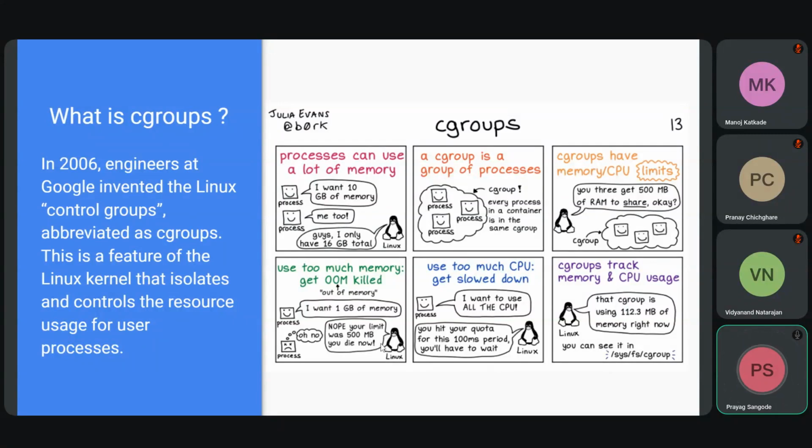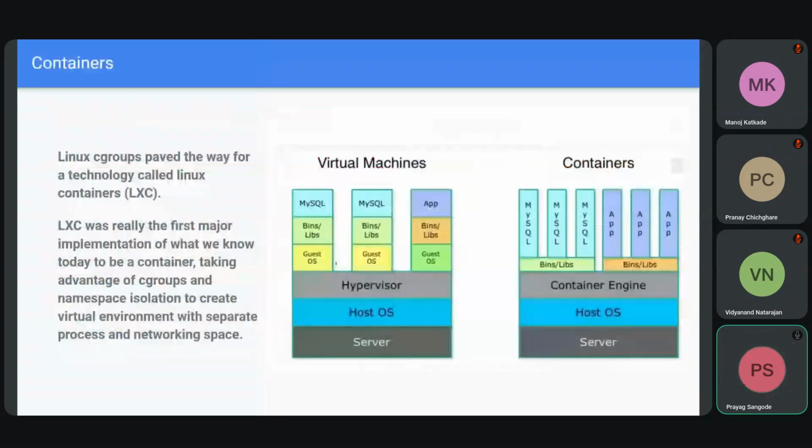If the limit is 500 MB, then you will have to use only that much. We can increase it, but that's the quota defined for it. And suppose due to some process there is a lot of CPU usage, then it will say your quota limit is exceeded, you will have to wait. So all these things make containers run properly.